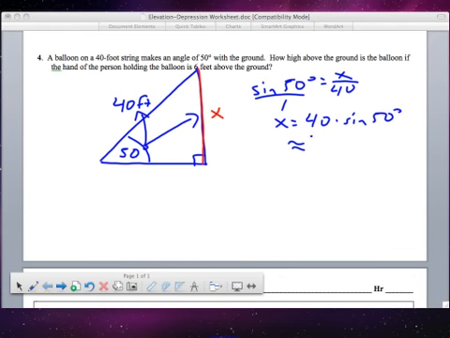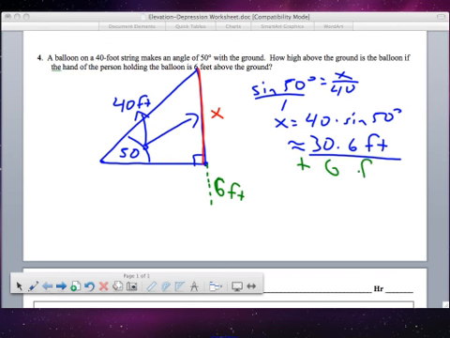And the trick here is to recognize that the hand where the balloon is being held, so this point here and this point here, are both 6 feet above the ground. So there's an extra 6 feet there. So once I'm done, I have to account for that additional 6 feet by adding it onto my answer.